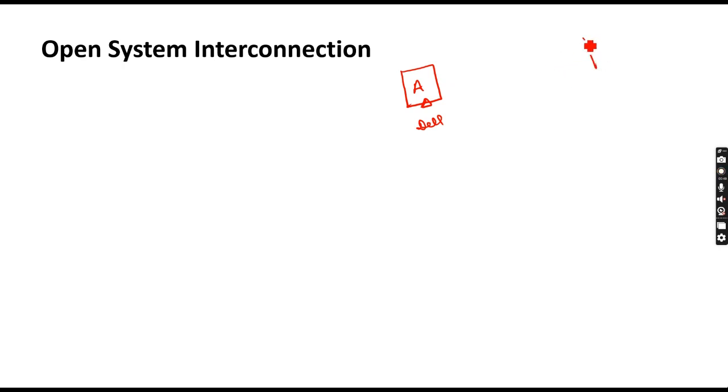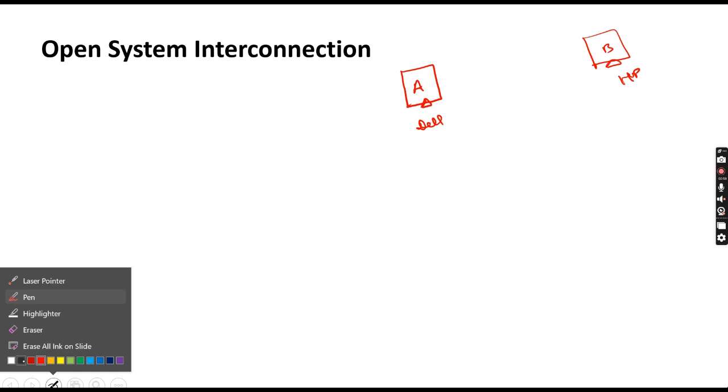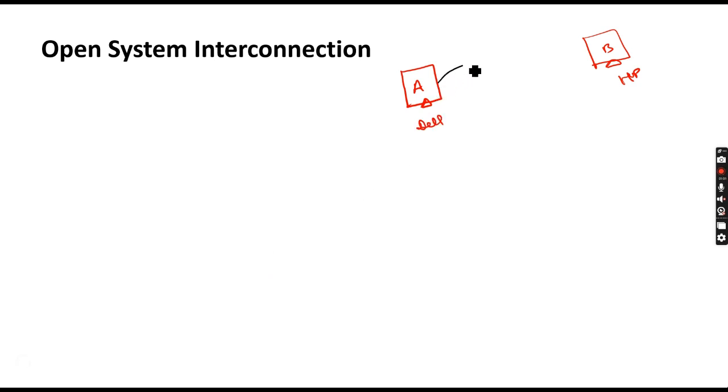Let's say you have another one, this is B, and it is HP. Before the OSI model, communication between two different vendors was restricted. You wouldn't be able to share any kind of information. If you had devices from two different vendors, it was not at all possible to have any kind of communication. And this was the monopoly before OSI itself.